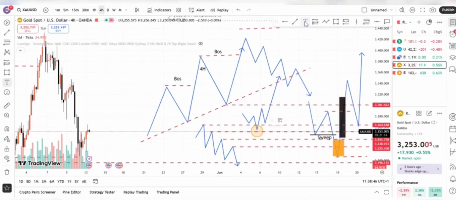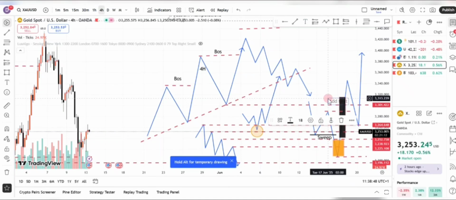A BOS. Do you understand? And now, if this BOS is happening at this level, it is not a normal BOS, especially in the micro trend. Remember, this is a micro trend, selling trend, right?